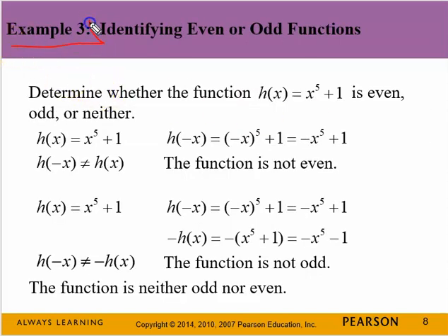Example 3. Determine whether the function h of x is equal to x to the fifth plus 1 is even, odd, or neither. So as we look at it, we're going to replace the x with its opposite sign, as we see here.